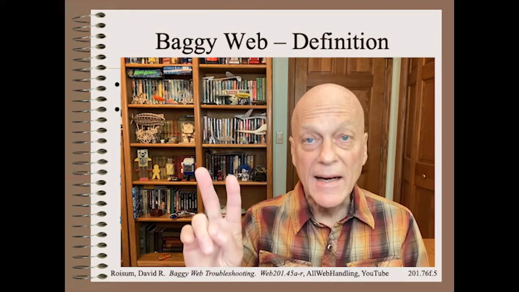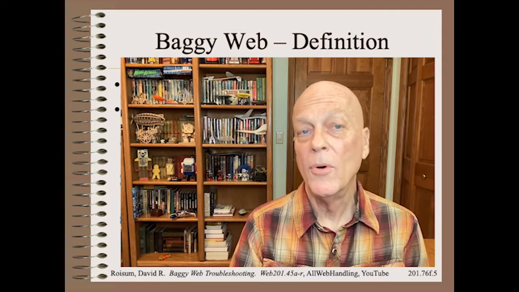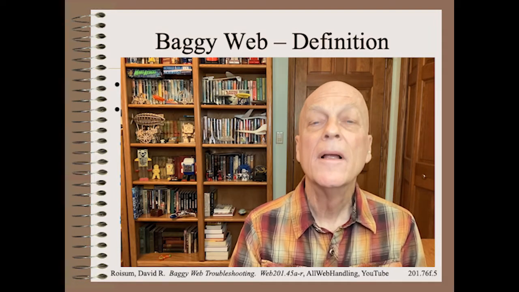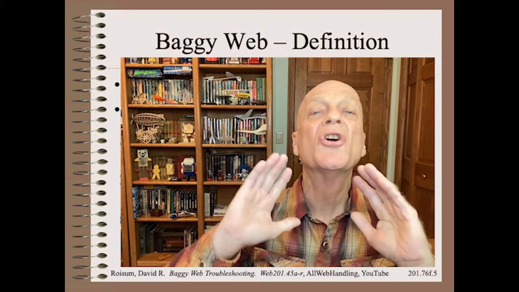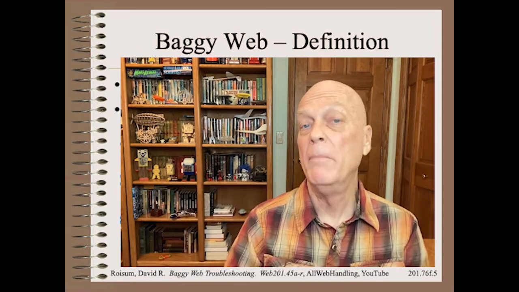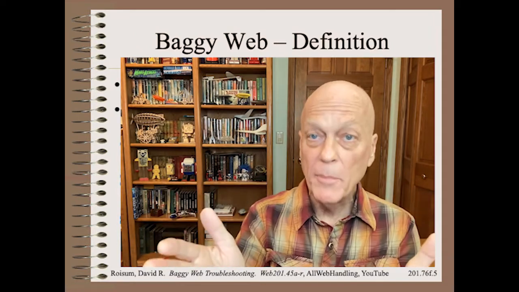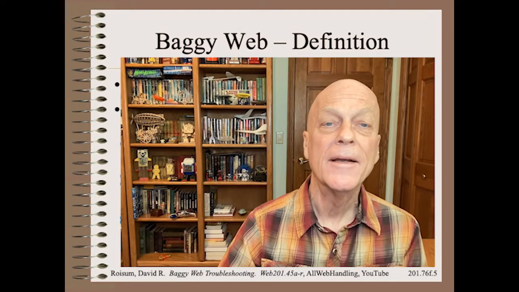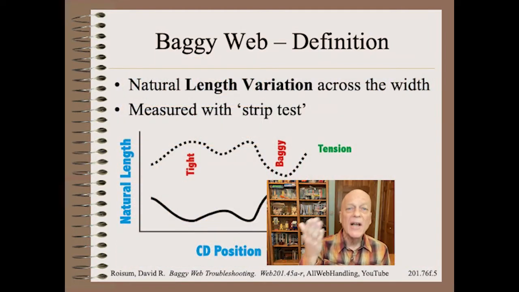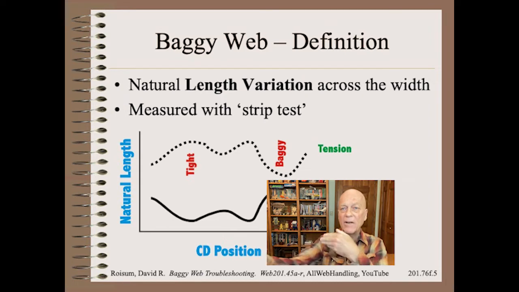Bagginess is the second and last wrinkle type we will cover here in this clip. Bagginess should be of near universal interest because very few people escape it entirely. Most people think of bagginess as a variation of MD tension across the width, or tension profile for short.